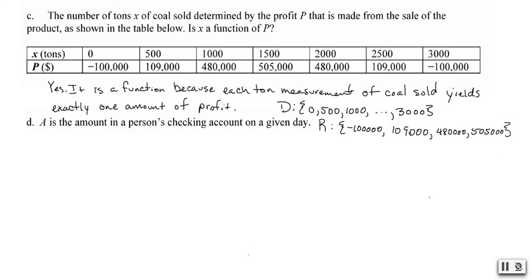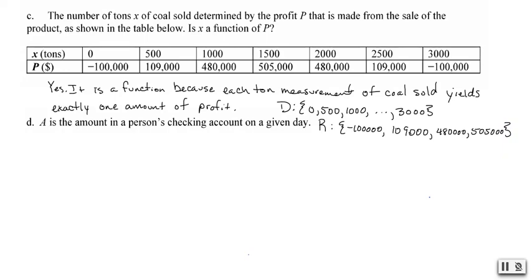There we go. And part D, A is the amount in a person's checking account on a given day. I find this a little tricky. If I were to give you a problem like this on a quiz or a test, I'd try to make it a little bit more specific, or I would accept your answer based on your explanation.